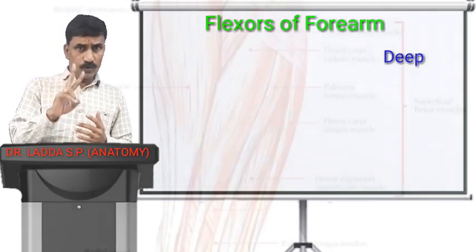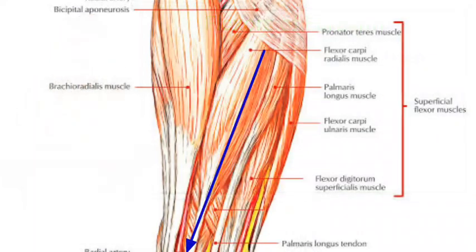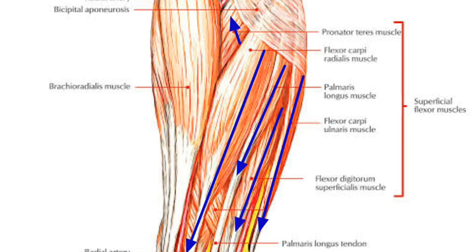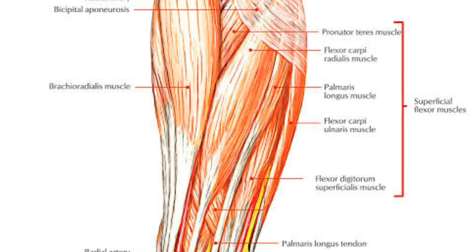Which are those? Two flexor carpi, one radialis, one ulnaris, one pronator teres, one palmaris longus, and one for the digits, flexor digitorum superficialis. So these are the 5 muscles of the superficial compartment of the forearm flexor muscles.